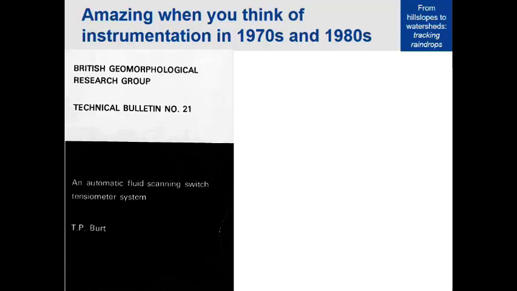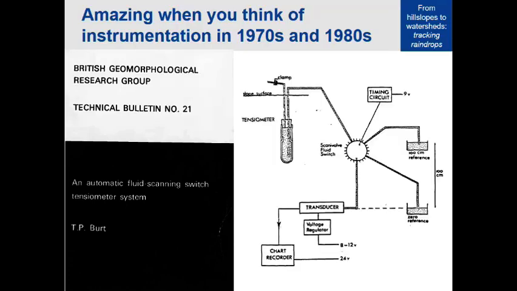And these all happened as part of the British Geomorphological Research Group, who were really promoting innovations in sensor technology to understand how hill slopes work. Where does water go when it rains? You needed instruments to be able to do that. And one breakthrough was something called the scanny valve.